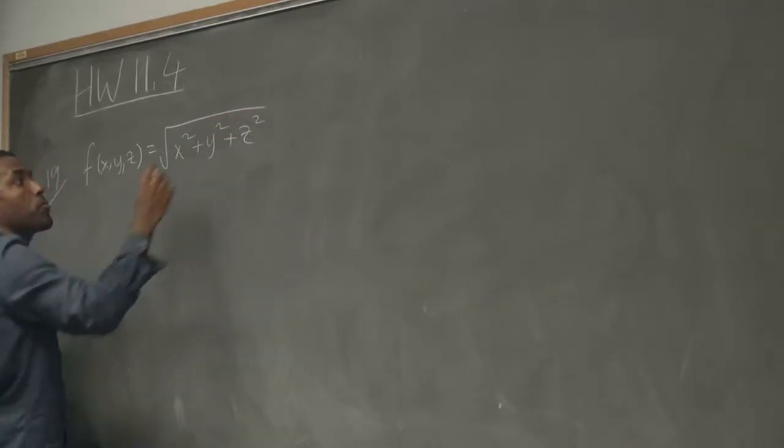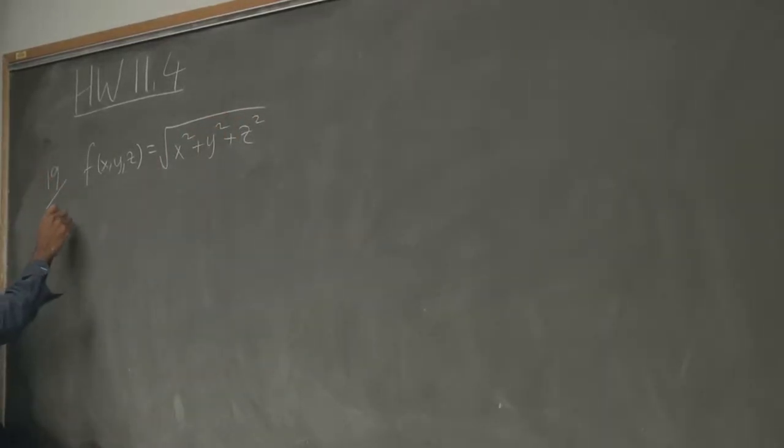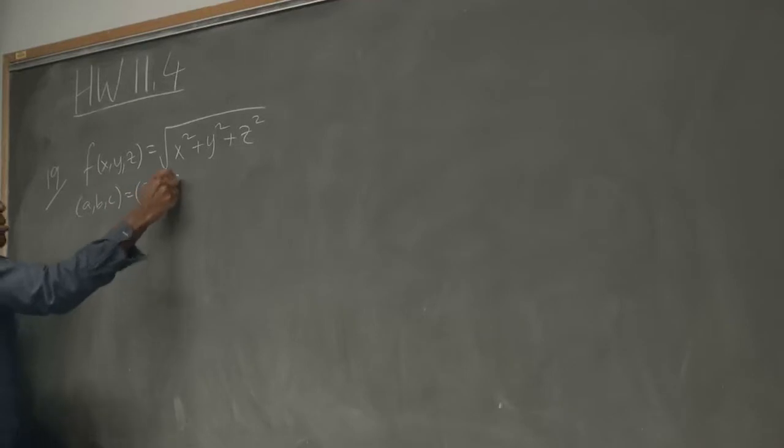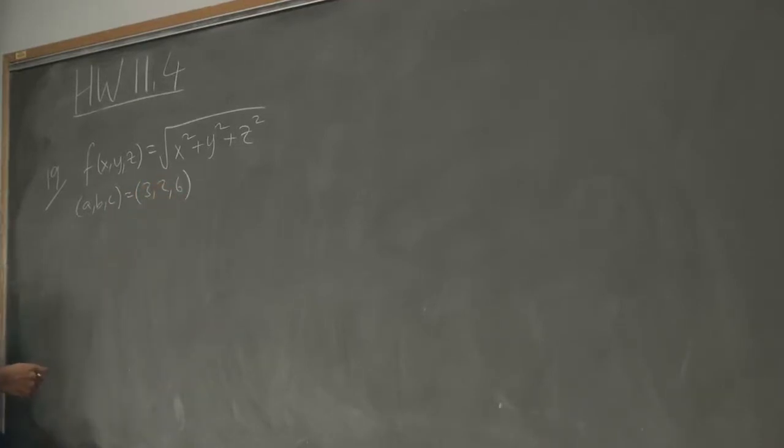Then they gave a point, 3, 2, 6, and I think they implied that x, y, z was 3.02, 1.97, and 5.99.